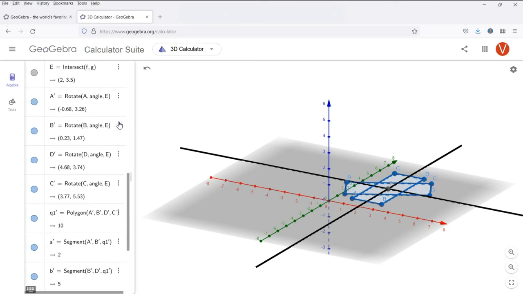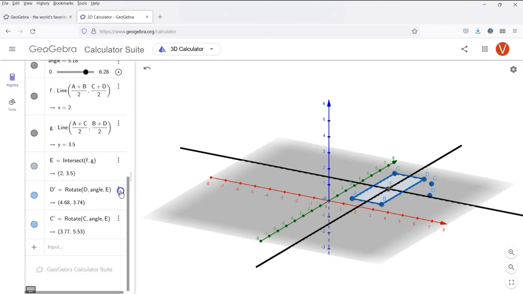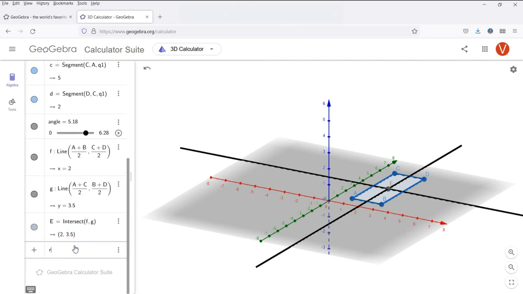Okay, that is as far as rotation is concerned. Now let's delete this again. And now let's rotate it around the lines.